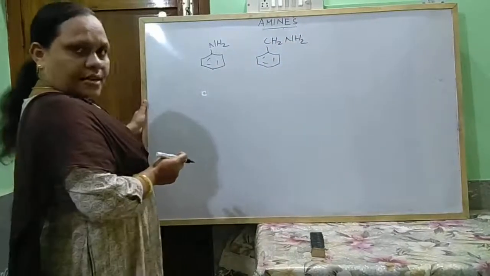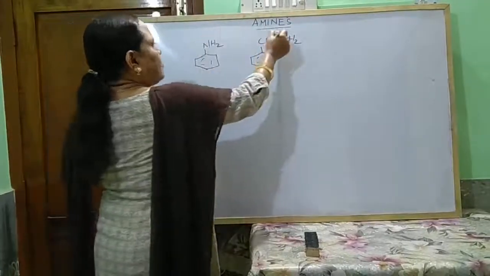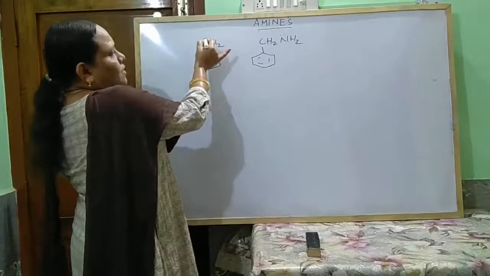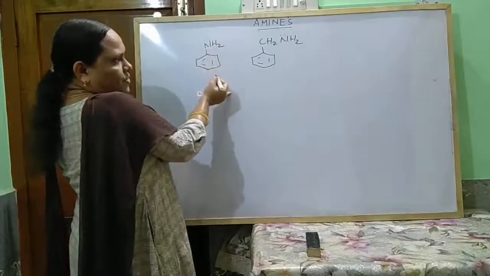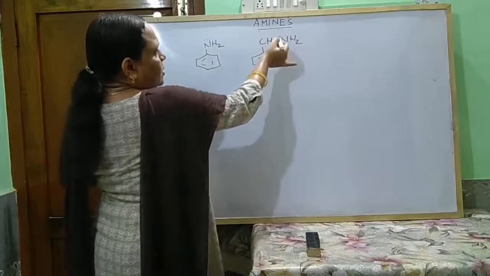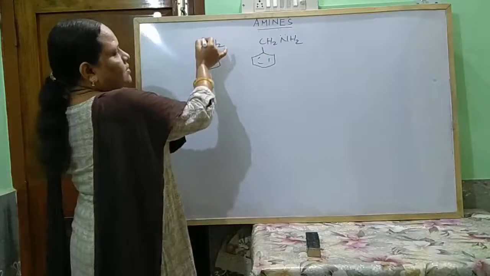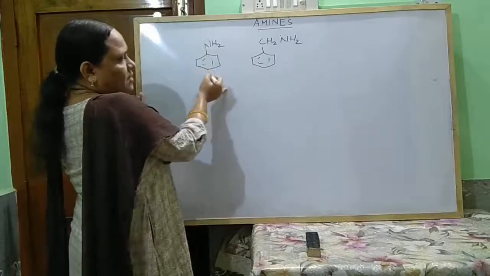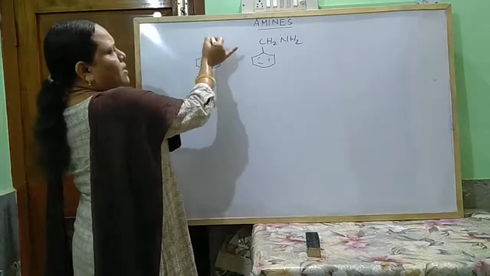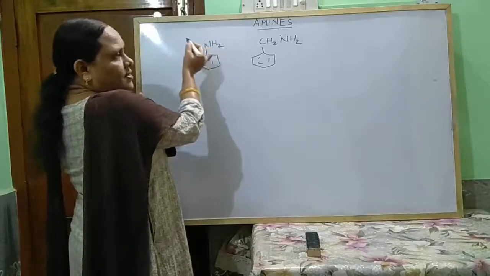If we consider these two, this is the lone pair of electrons. In aniline, this lone pair comes into resonance with this benzene nucleus, so this lone pair of electrons is not available and the electron density decreases.